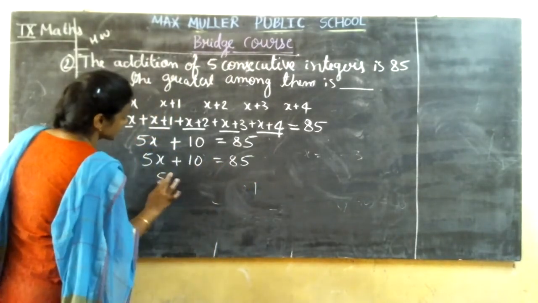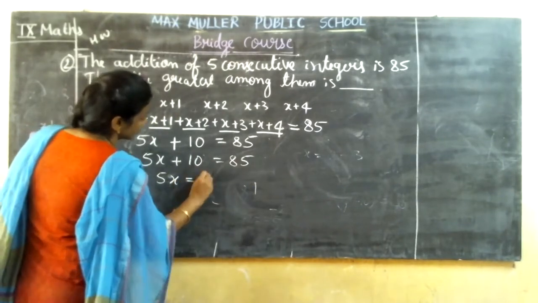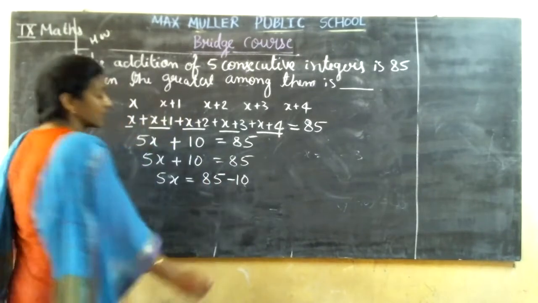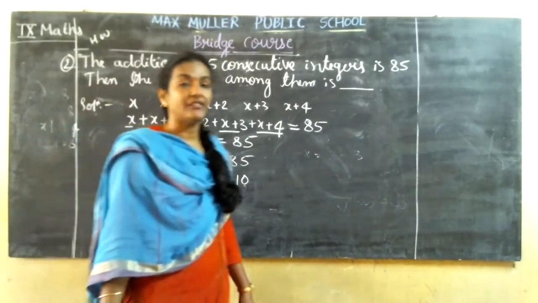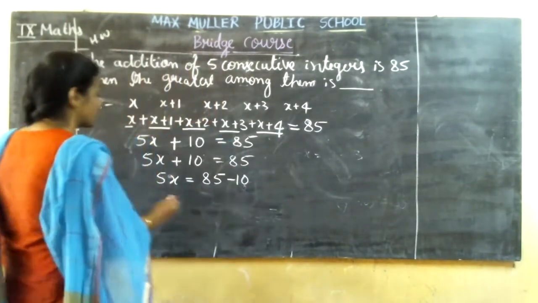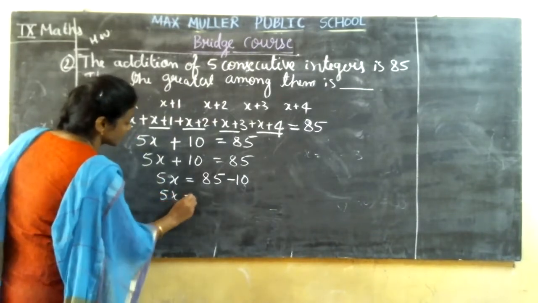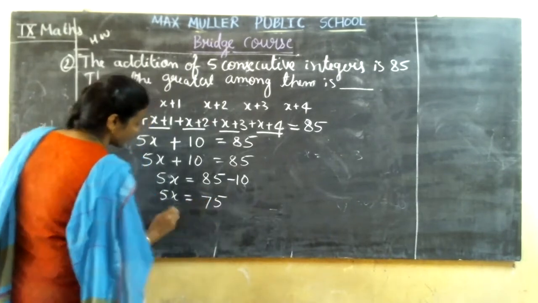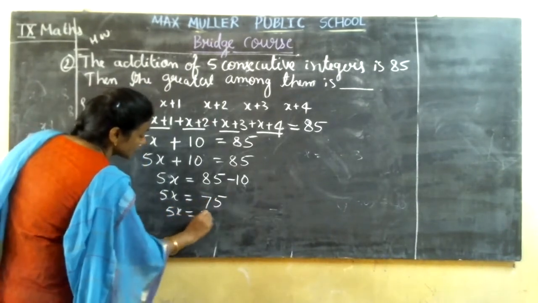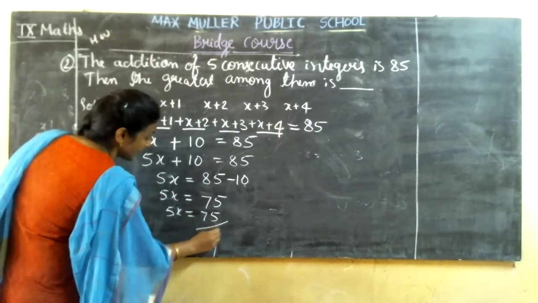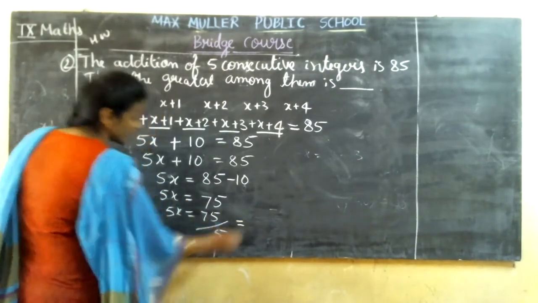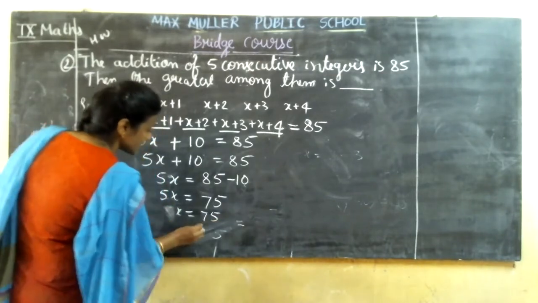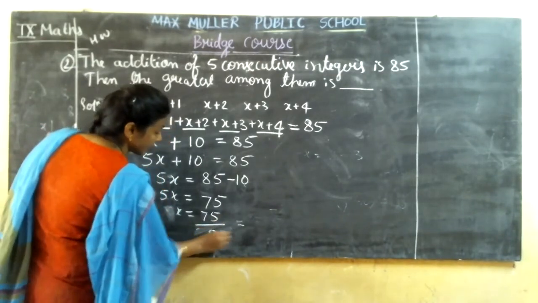So 5x is equal to 85 minus 10. How much is that? That is 75. So x is equal to 75 divided by 5.